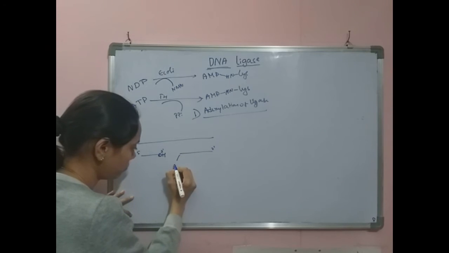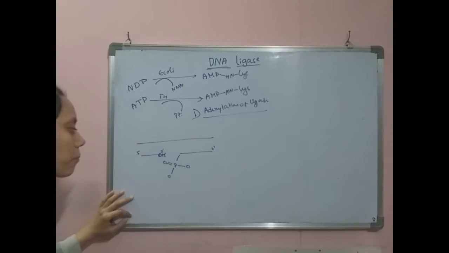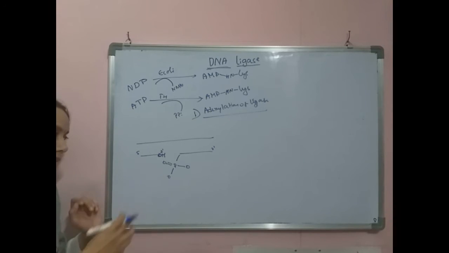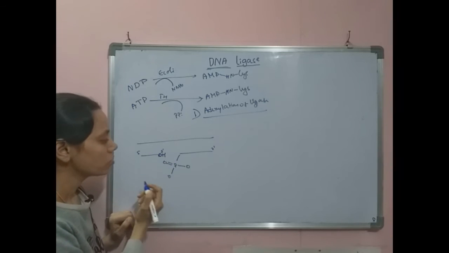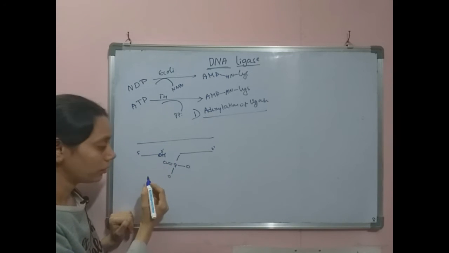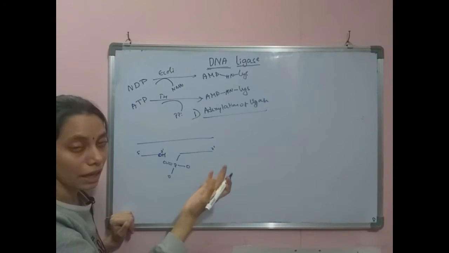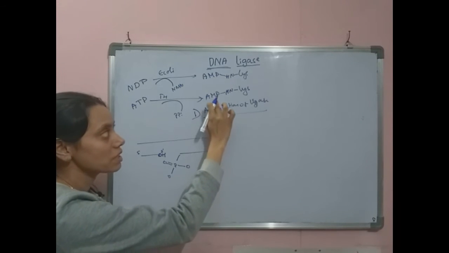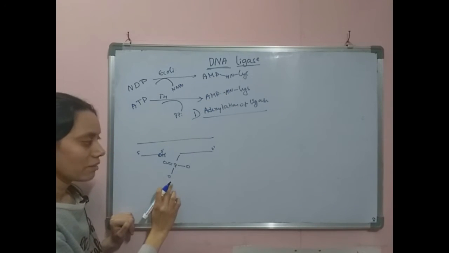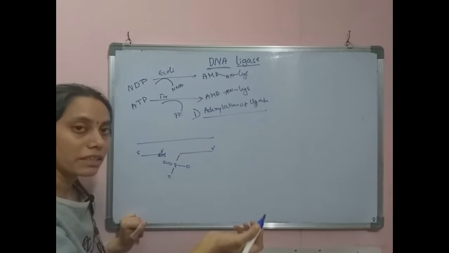The phosphodiester bond is not formed between these two. So what will happen? The adenylated ligase will transfer its AMP to the 5' phosphate group, and the enzyme will be released after that.